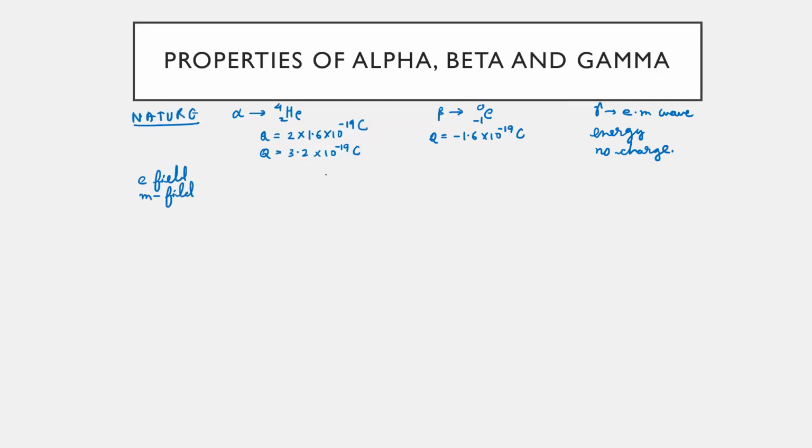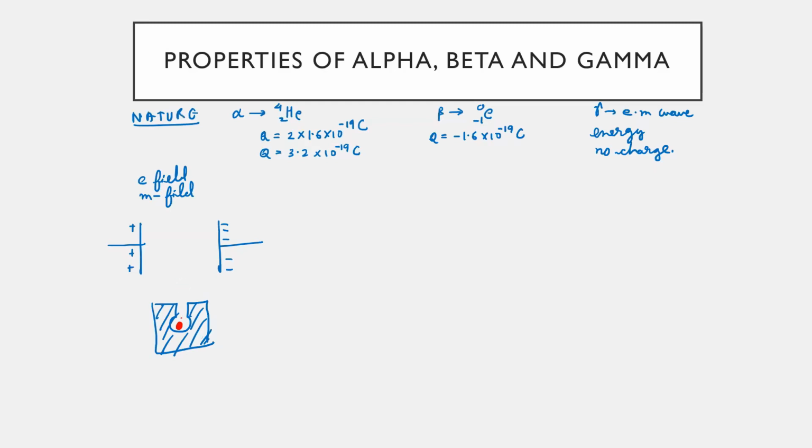So how do we demonstrate that? These are the diagrams which will also be asked. This is a positive plate, and this is a negative plate. And here we have a lead box. This is lead, which absorbs radiation, and there will be a radioactive substance placed over here.